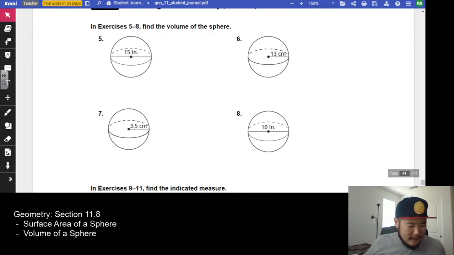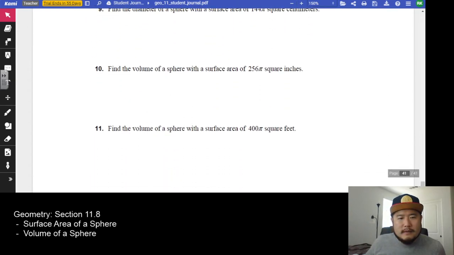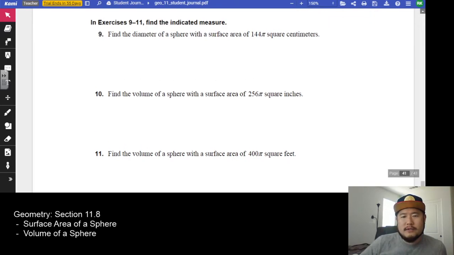Let's drop down and take a look at number 9 next. It says, find the diameter of a sphere with surface area of 144 pi square centimeters. So they're saying we're dealing with surface area.